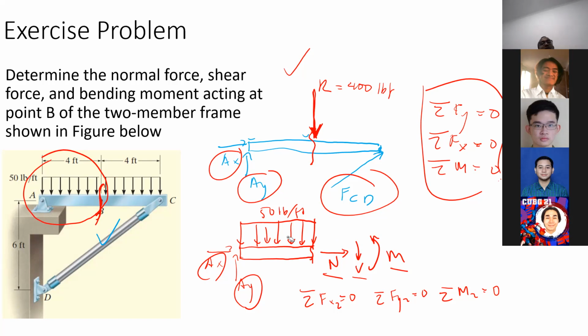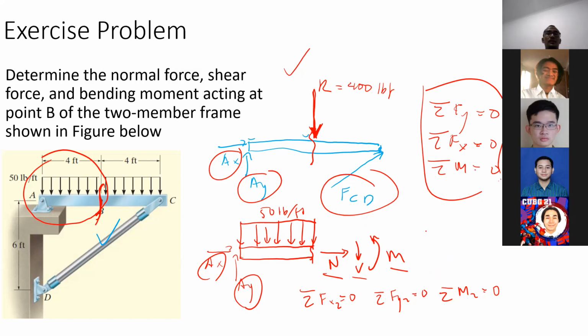By using sigma Fx, sigma Fy, and sigma moment, we will be able to find these three values. Any question about this? Basically, what you need here is to practice more.